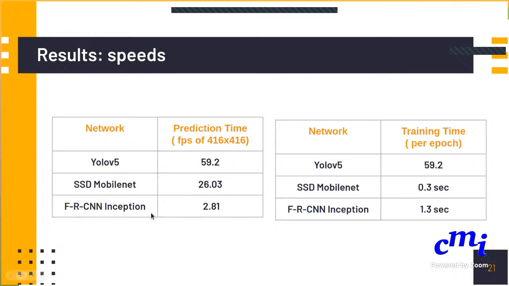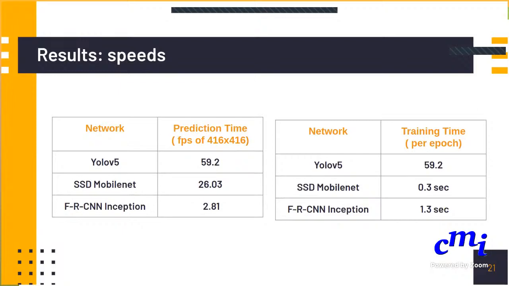But Faster RCNN Inception only does 2.81 images per second. So in most cases in a production environment for detection, YOLO V5 is preferred over all the other model networks. It is roughly twice as fast as SSD for this particular size, 416 by 416; it could be a little slower for other sizes.